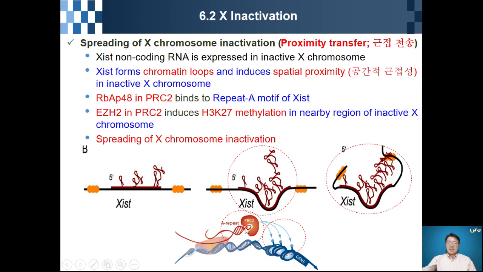So it means that it can spread X chromosome inactivation in the nearby region. So this is the spreading of X chromosome inactivation mechanism.